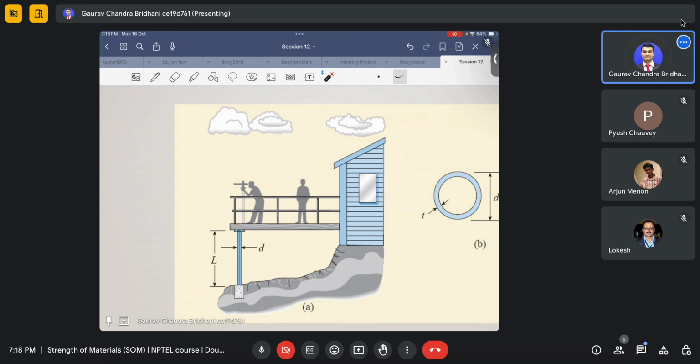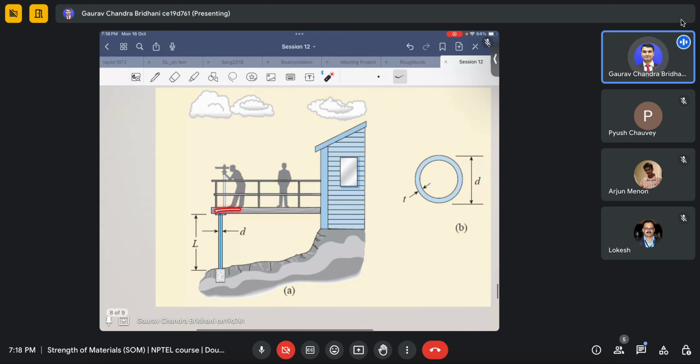But then what can you think of the support condition there of the column? It is avoided to move in this direction. The problem statement only says that it is avoiding the motion of the column in this direction and this direction, that is lateral direction. So what do you think the support condition is there at this top end?